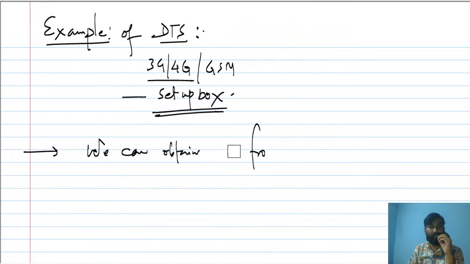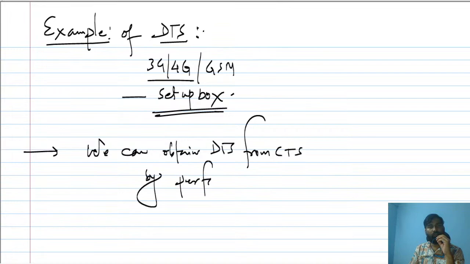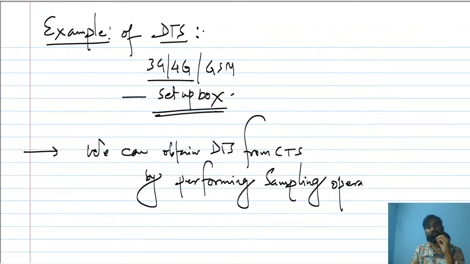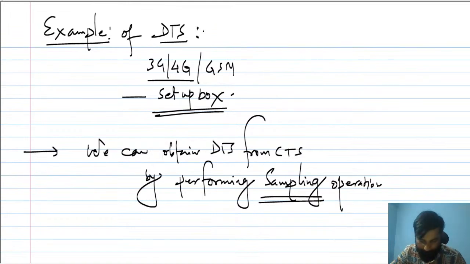We can obtain discrete time signals from continuous time signals by performing the sampling operation. The sampling chapter we will see in detail. There are different kinds of sampling, but this is the introductory class, so I can't teach everything in one go, right? I hope this makes sense.